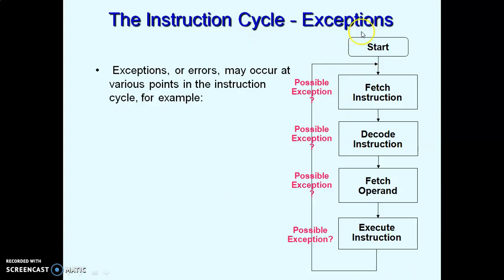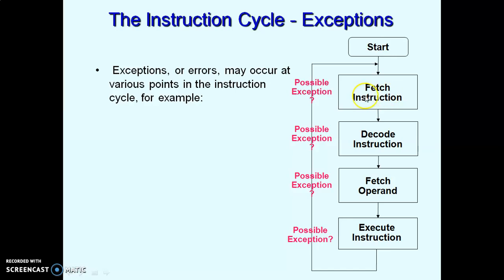This is the exception. First is start, after that it is fetch instruction. Whatever exceptions or errors may occur at the various points in the instruction cycle, for example, is shown by this flow chart. Fetch instruction, decode instruction, fetch operand, execute instruction.